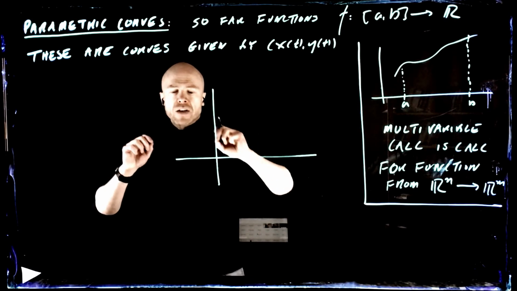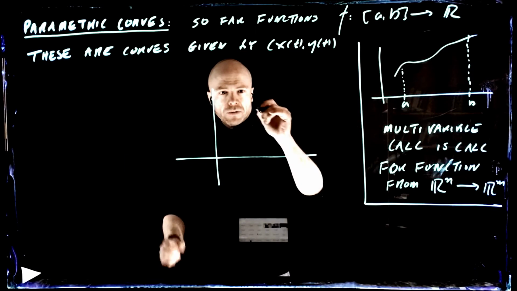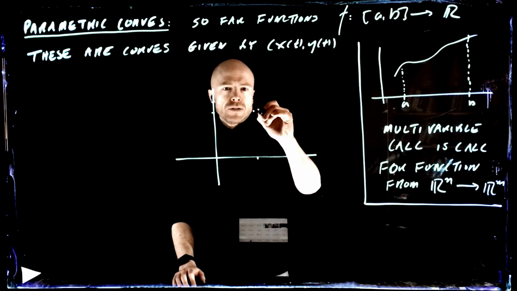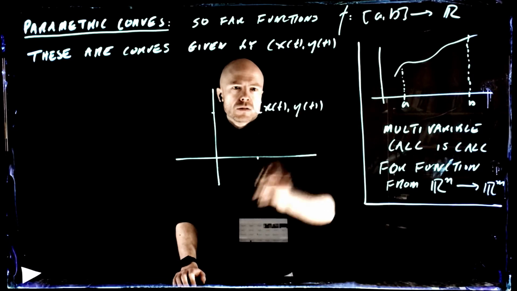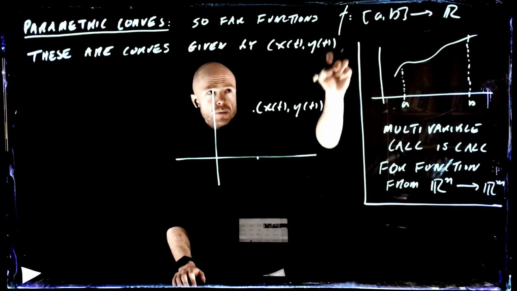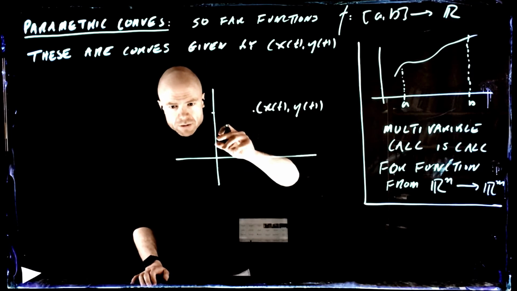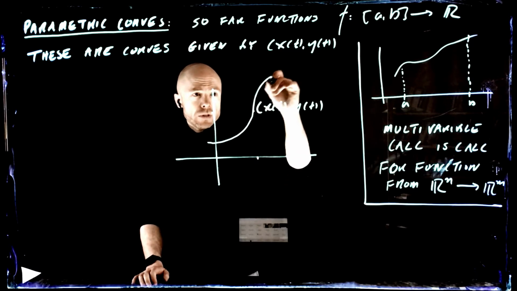Then for every moment in time, there exists some x of t, y of t, which is some point on the plane, right? So we can just put its coordinates, right? So this will be the x, this will be the y, so this will be x of t, y of t, okay? And as t changes, this point changes, right? So as t changes, the point is moving around, right? So ultimately, it will trace some kind of a shape, right?